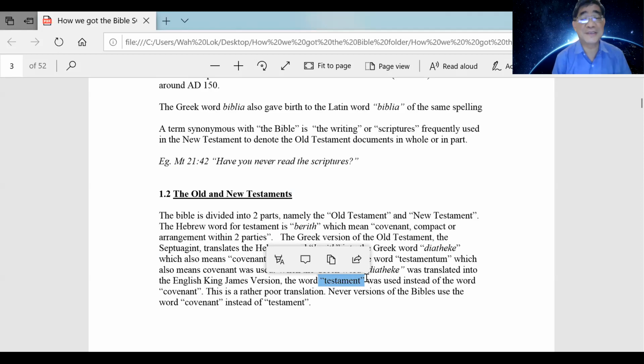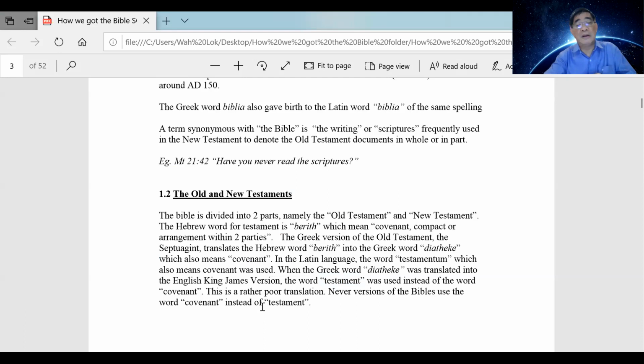But actually, the real meaning of diatheke in Greek, or testamentum in Latin, is covenant. So actually, it should be the Old Covenant and the New Covenant, not Testament. But over 1,500 years, because of the Latin Bible, they transliterated testamentum to testament.